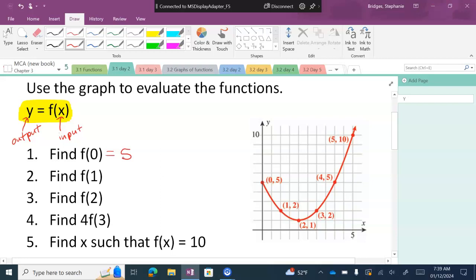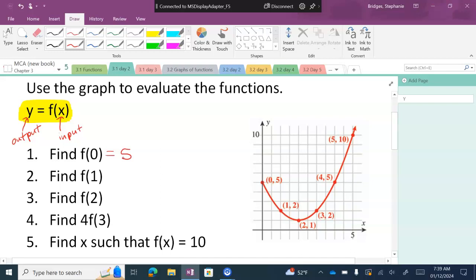Whatever's in the parenthesis is the x value that you're looking for in your ordered pair, and it's going to be equal to whatever that y value is, because f of x is equal to y. Okay, the x value is inside the parenthesis, the y is what it's equal to. So if you will, go ahead and do 2 and 3. We're finding the value of f of 1, and then finding the value of f of 2.